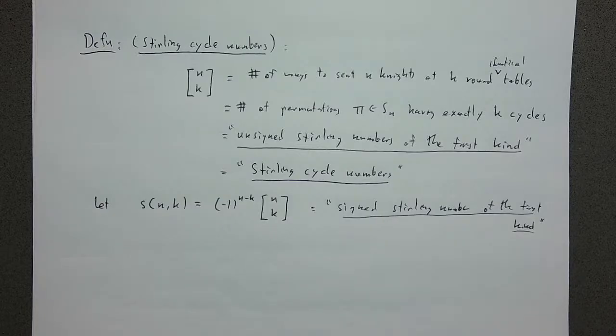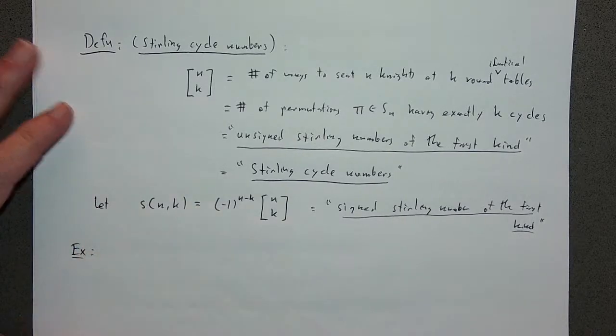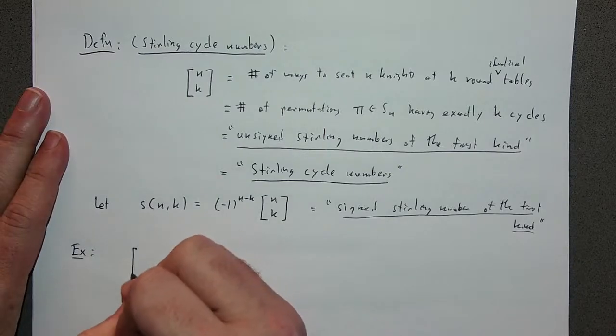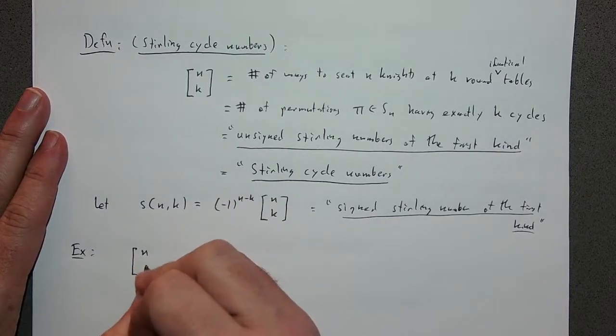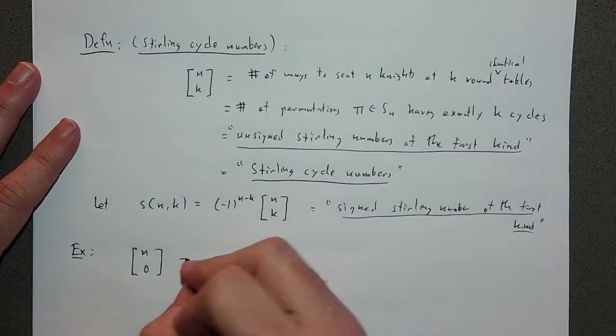Okay. So let's compute some of these. Let's do some specific examples here. How many ways are there to seat n knights at 0 tables? Well, none unless there are 0 knights.